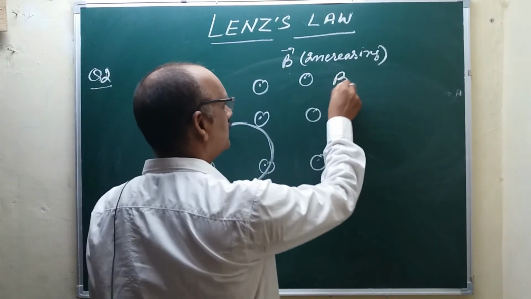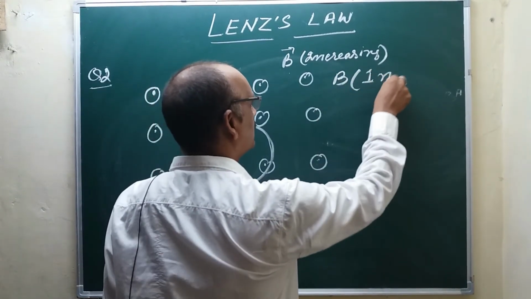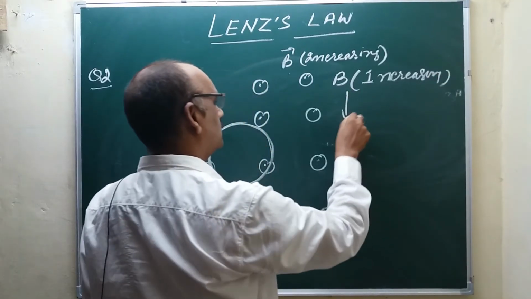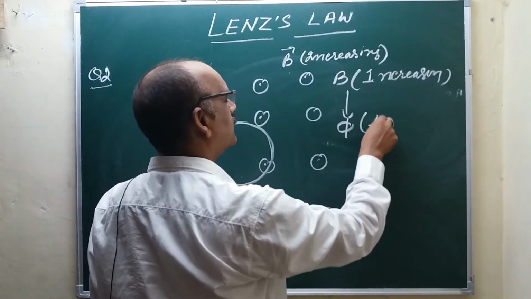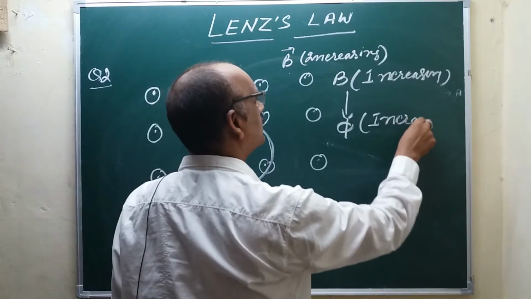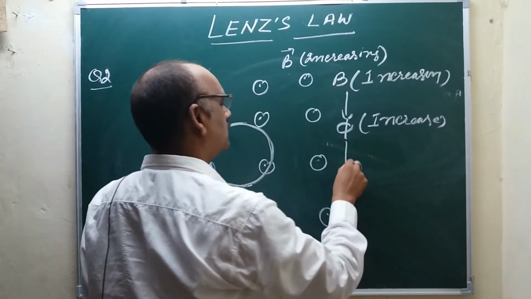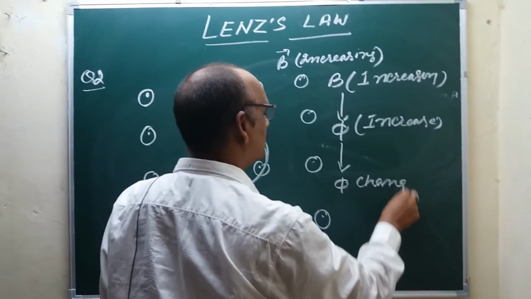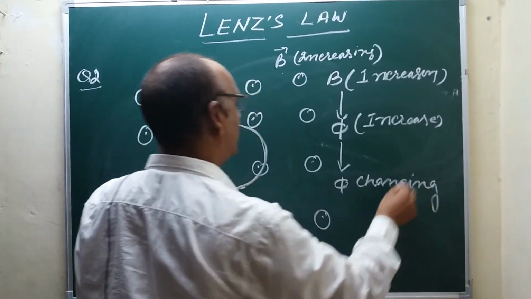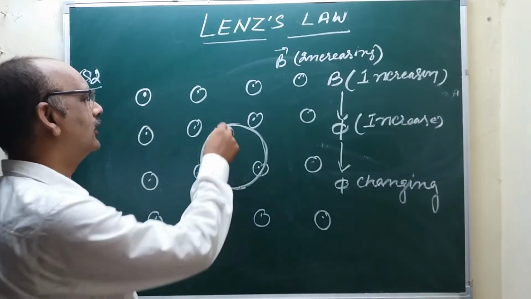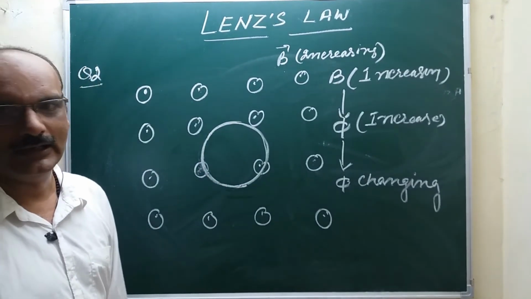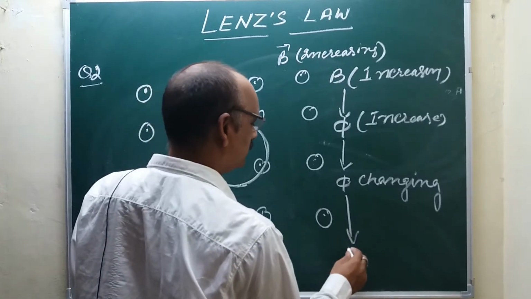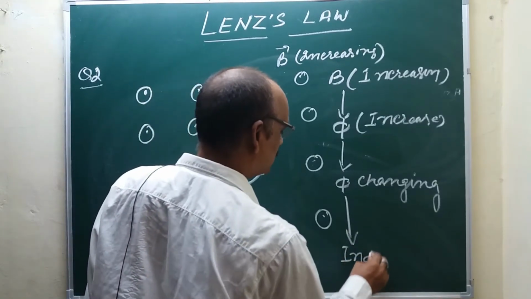B is increasing, phi will also increase, phi is changing, and in this changing phi a coil is placed and hence induced current will pass through it.